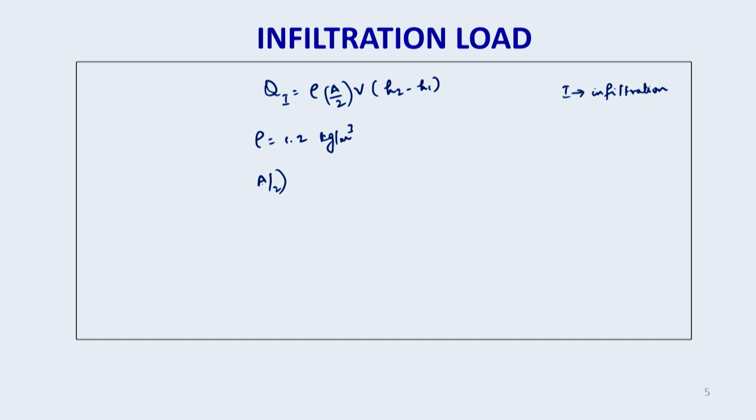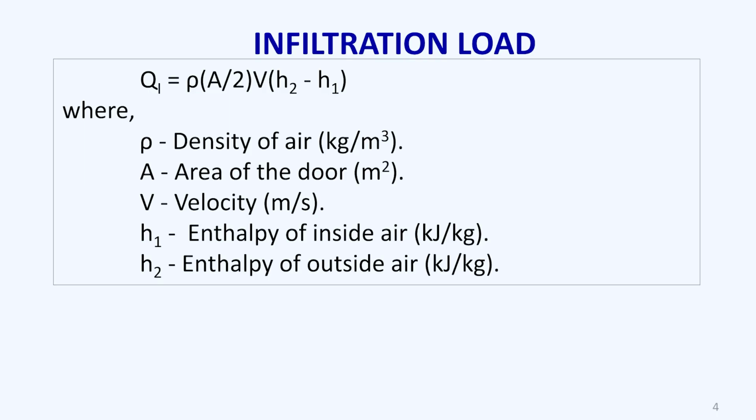A by 2 represents the half area of the door, and V is the velocity. H2 and H1 are the enthalpy of air, which is present inside, and the enthalpy which is present outside. It is in kilojoule per kg.